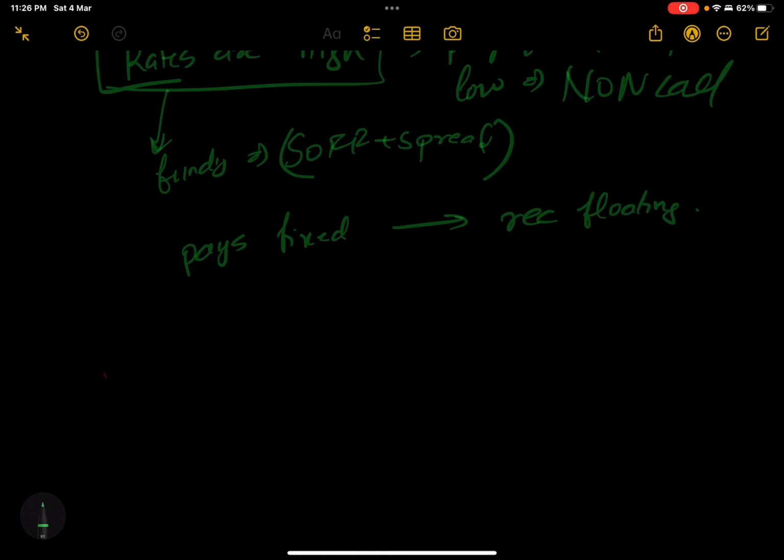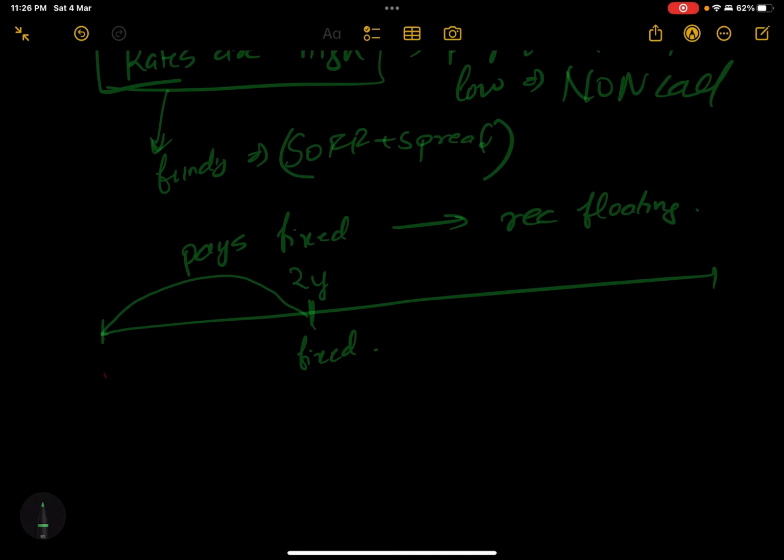Now, the question is, what if I enter into a swaption which is paying fixed? So, a swaption here at 2 years, and this will decide whether I enter into a swap or not.